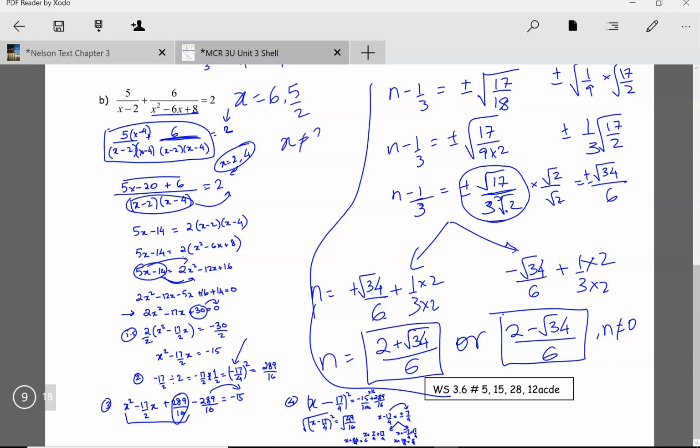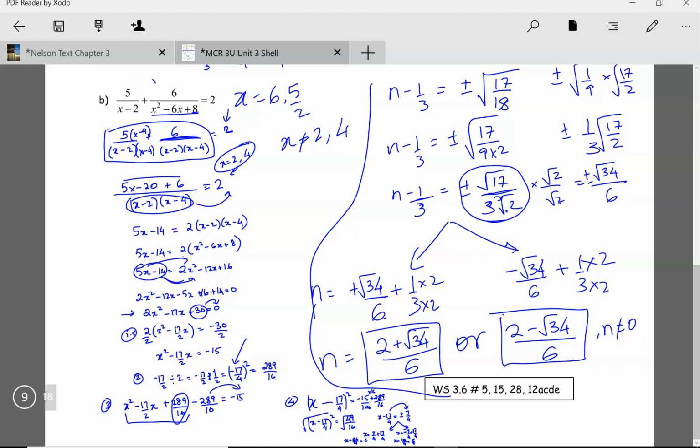x does not equal 2 or 4, which at this point seems kind of obvious, since I've solved for x. But it's always good to state restrictions, because when you're drawing the graphs, you will have holes in this graph.